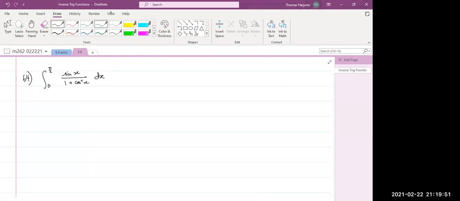You see that if you use cosine x as your u, then you will end up with something over 1 plus u squared, right? And the derivative of cosine x is negative sine x.